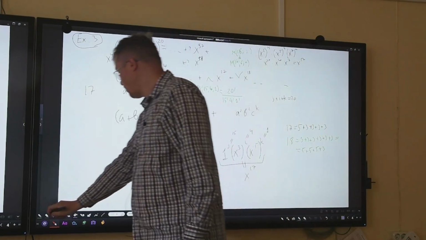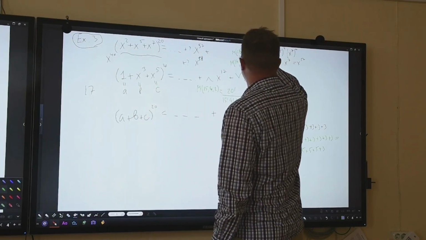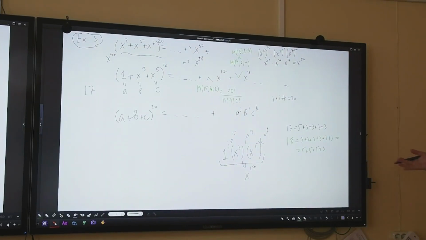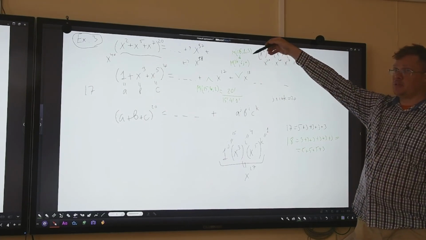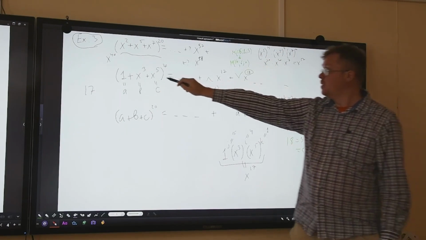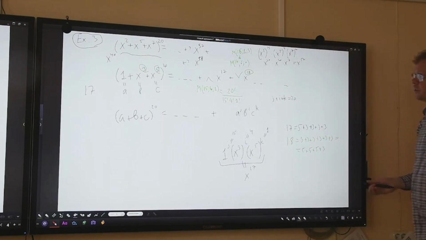So if you want to write the answer for an arbitrary power of x, you just need to sum over all possible variations of describing this power in terms of these summands. And so the answer will be the sum of these m's, of these multinomial coefficients. Okay?